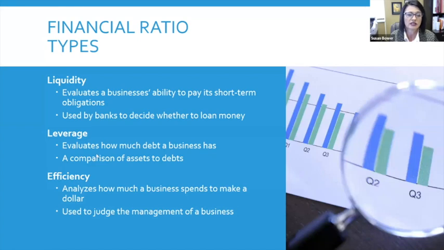The third type of financial ratio is called an efficiency ratio. These ratios look at how much a business spends in order to make a dollar, and they are used to judge the management of a business. Anyone looking at funding or investing in your business is going to be very interested in the management of the business, not just the people side, but very much the financial and efficiency side.